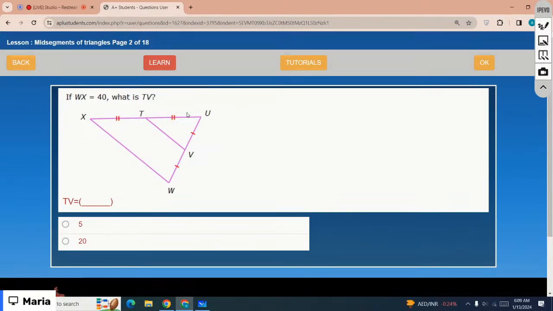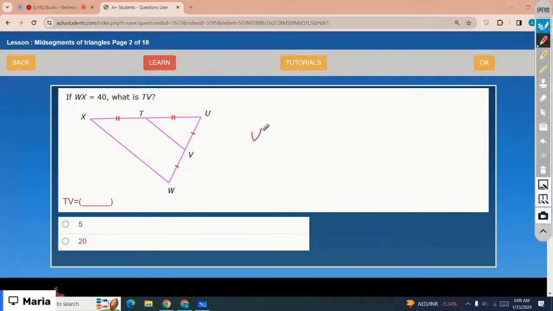So VT is exactly half of XW because VT is the mid segment of the triangle UXW. You are given WX equals 40, so VT is half of WX.